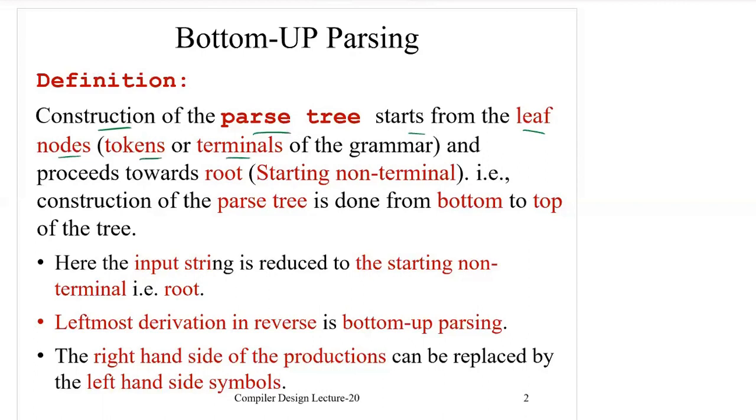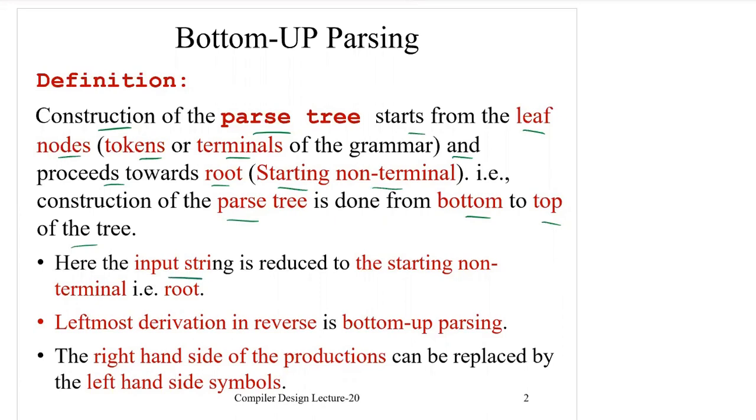Tokens or terminals of the grammar, and it proceeds towards the root. What does the root contain? The starting non-terminal, that is, the starting variable. In simple terms, construction of the parse tree is done from bottom to top. This is called bottom-up parsing. Whereas top-down parsing is the reverse: construction of the parse tree is done from root to leaf nodes. Now in reverse, leaf nodes to root is called bottom-up parsing.